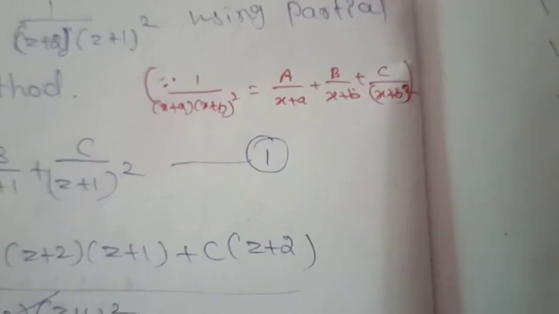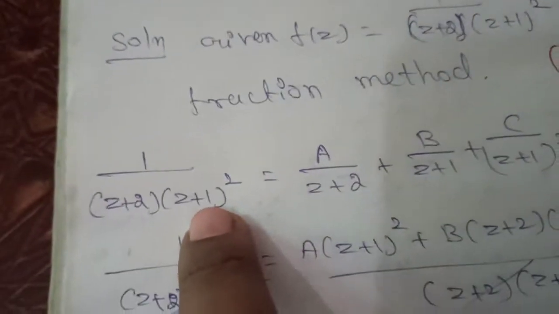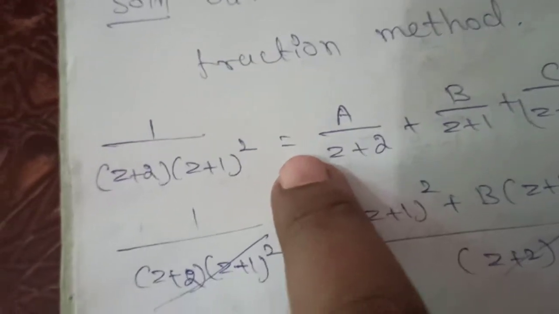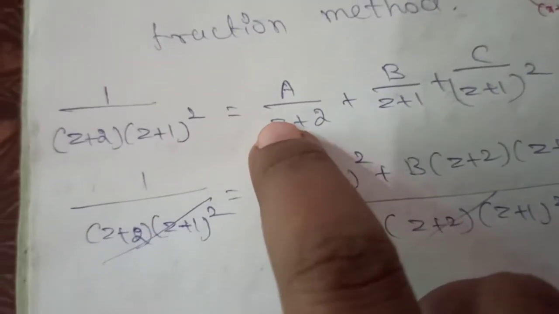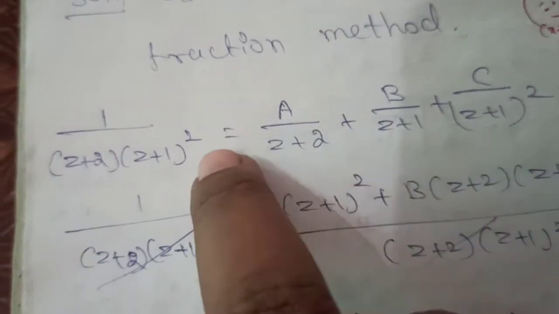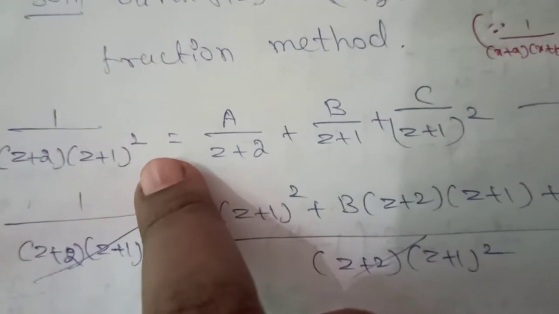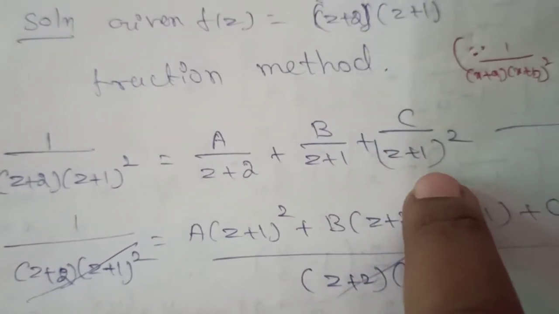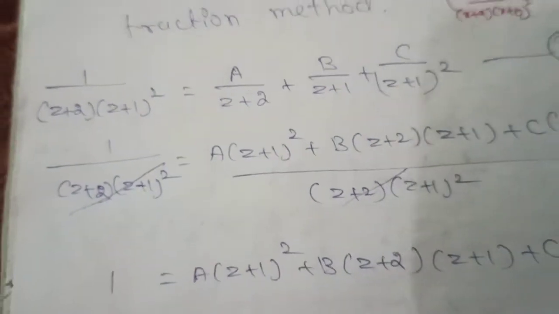Okay, now take the given function 1 divided by (z+2)(z+1)^2. Once again repeat the partial fractions: a divided by z+2 plus b divided by z+1 plus c divided by (z+1)^2.